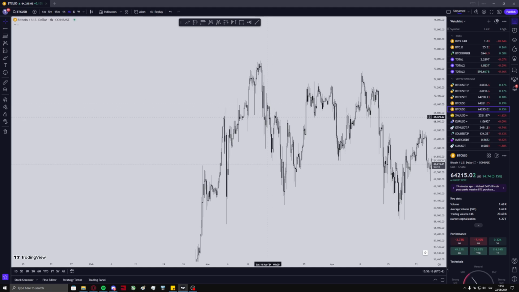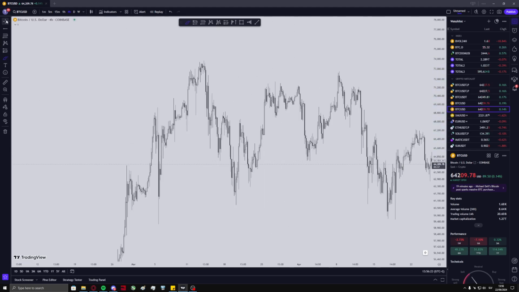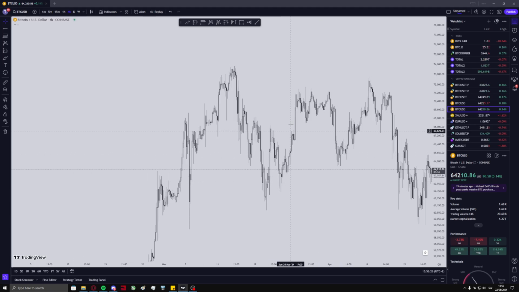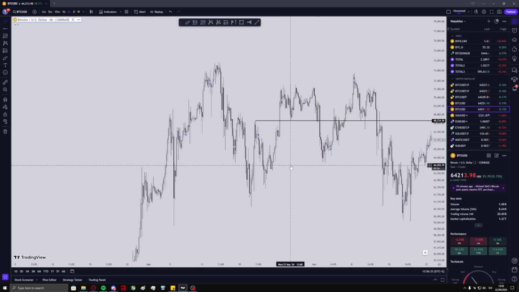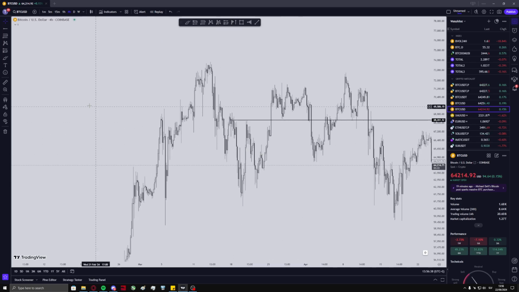What you wanna do is look for a move down or a move up, whatever, and when the move reverses and breaks structure, like here, this is a break of structure on the higher time frame. So ideally you want to look for longs here in this example. But of course you're not gonna long up here; you want some kind of retracement.